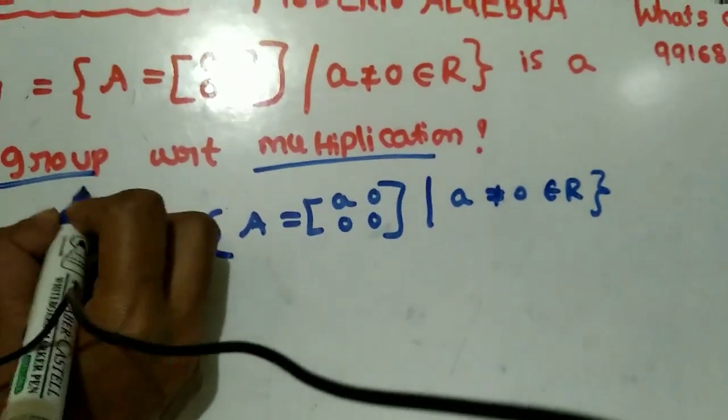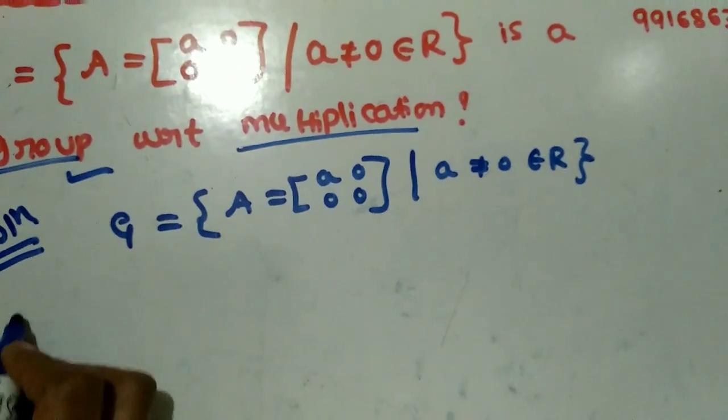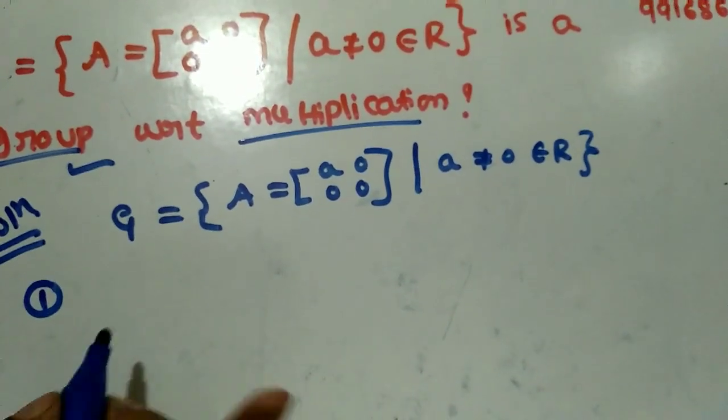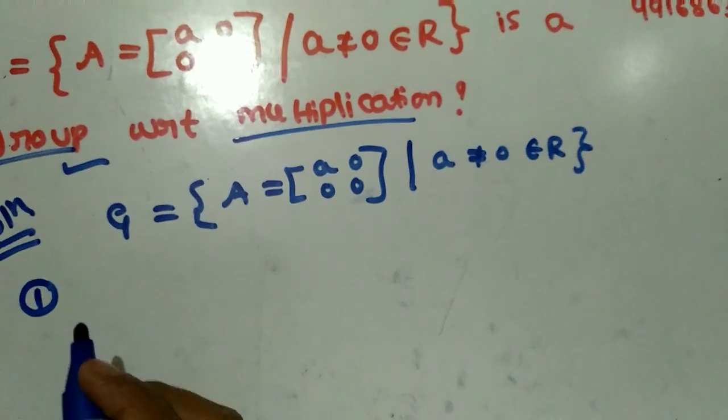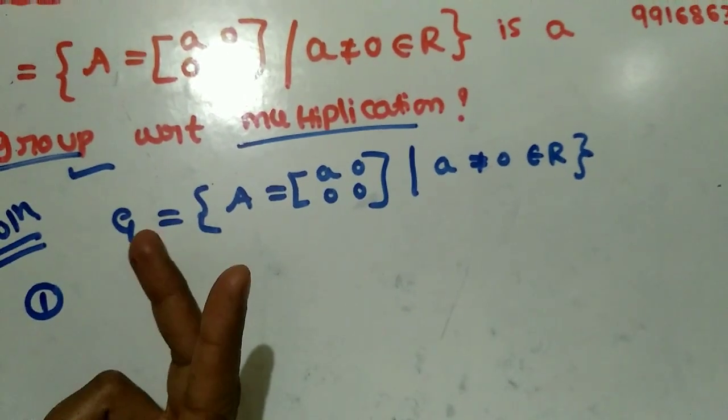So how to check whether this is a group or not? First condition, closure law. For checking closure law, we need at least 2 elements, right?